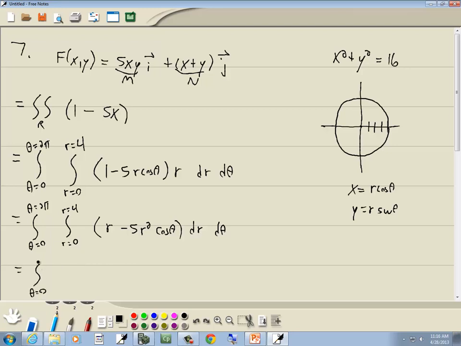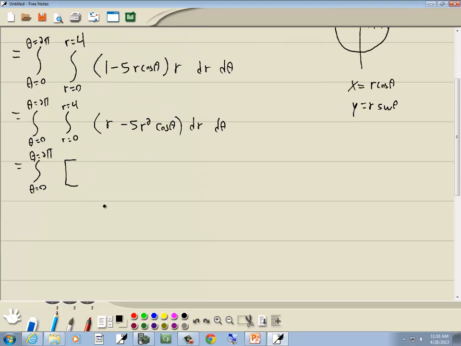So we get theta is equal to 0 to theta is equal to 2 pi. And we'll take the integral with respect to r. So that gives us 1/2 r squared minus 5/3 r to the third cosine theta from r is equal to 0 to r is equal to 4, d theta.